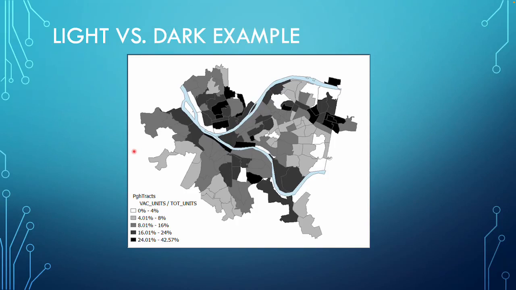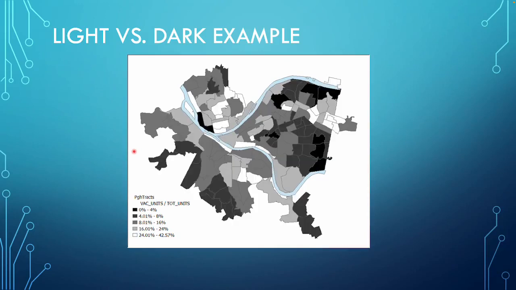Well, kind of. These are vacant apartments or vacant houses. The percentage of vacant houses, apartments in the area. Right. So we're emphasizing where there are a lot of empty places. Okay. But that may be what we're interested in, but it may not be.